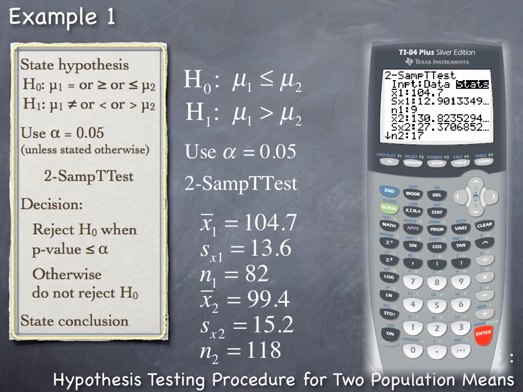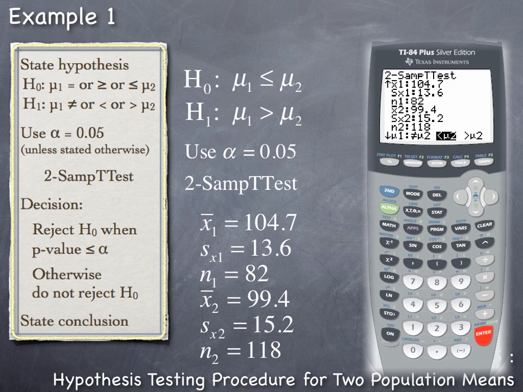Sx1 equals 13.6, enter. n1 equals 82, enter. x bar 2 equals 99.4, enter. Sx2 equals 15.2, enter. And n2 equals 118, enter.